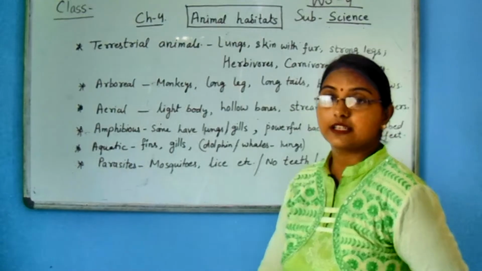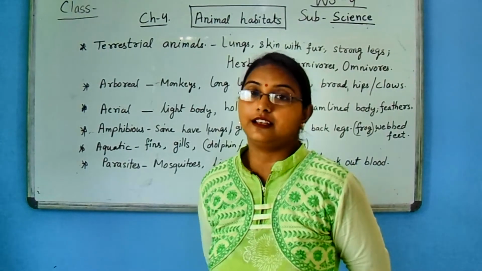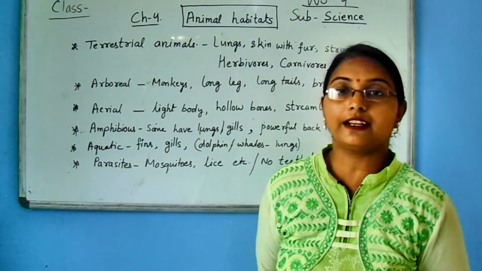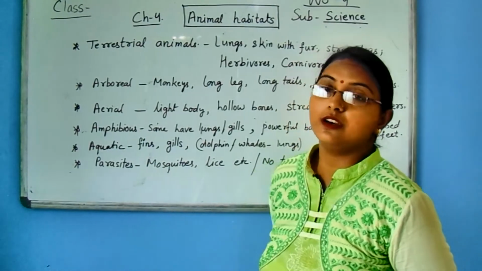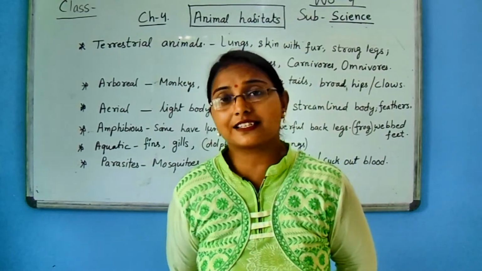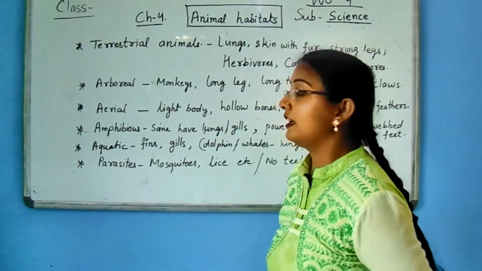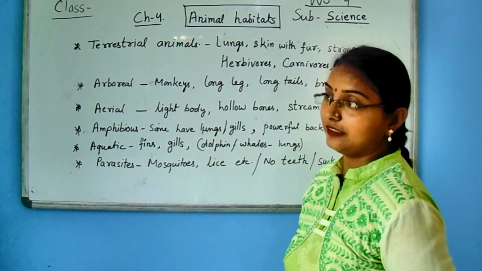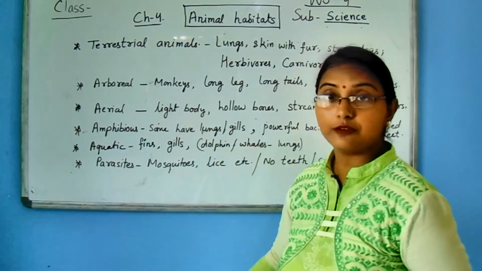Aerial animals. Aerial animals are the animals that fly in the air, like sparrows, crows, pigeons, etc. They fly in the air. And why can they fly? Yes, they have a light body.